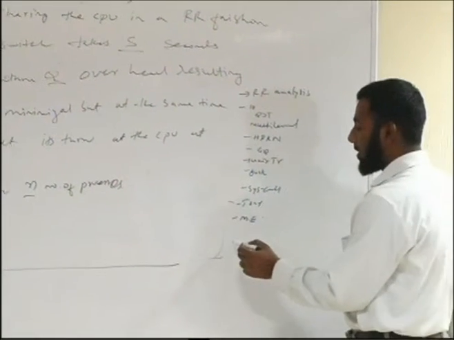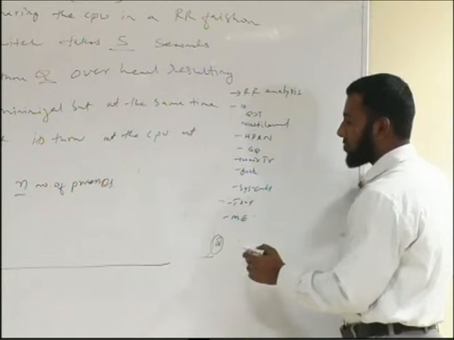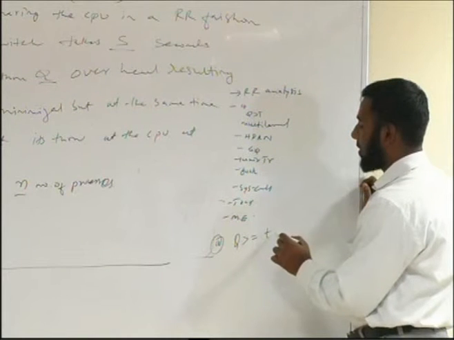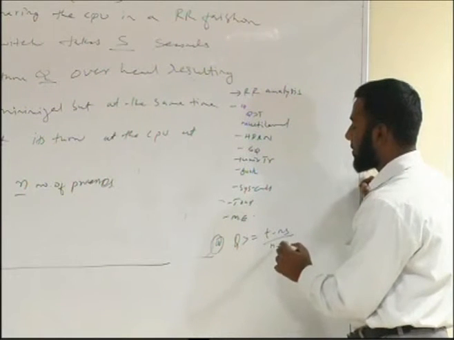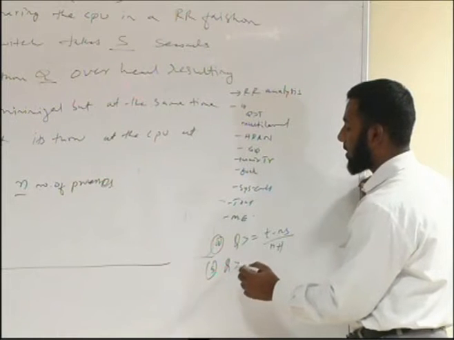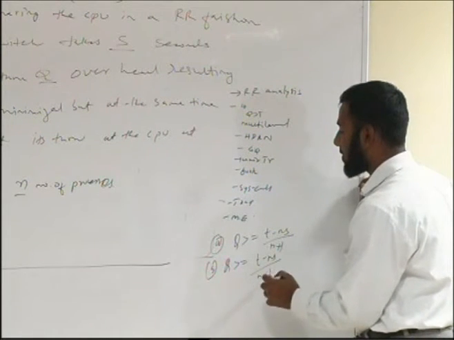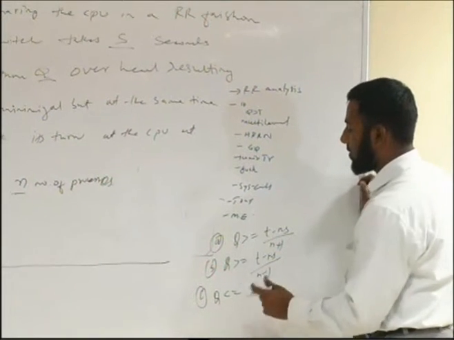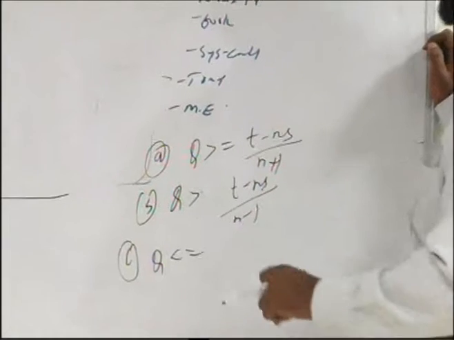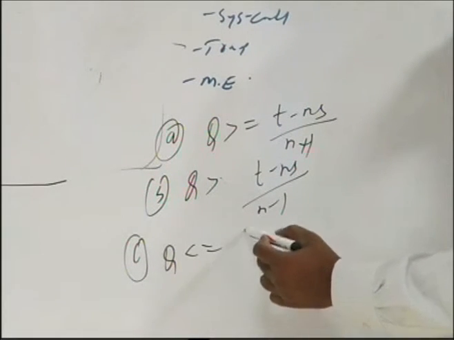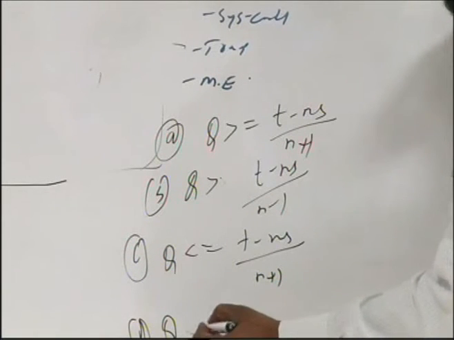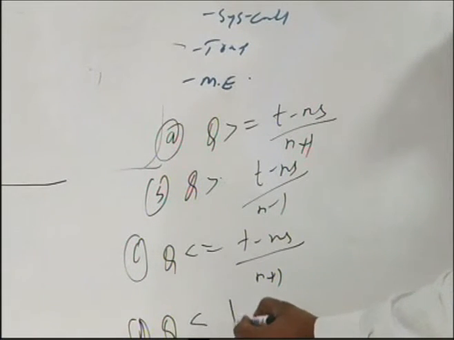Is the value A, Q is greater than or equal to T minus ns by n plus 1, or B, Q is greater than or equal to T minus ns by n minus 1, C, Q is less than or equal to T minus ns by n plus 1, or D, Q is less than T minus ns by n plus 1.